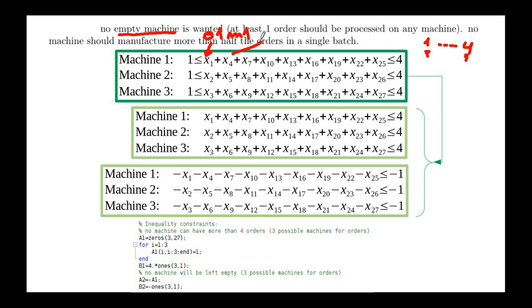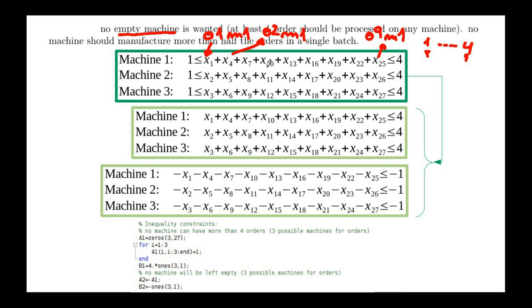What is X4? X4 is order 2 in machine number 1. What is X7? X7 is order 3 in machine number 1. This is order 4 in machine number 1, 5, 6, 7, 8, and 9. This is order number 9 in machine number 1.